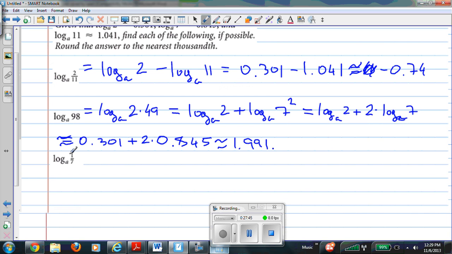Now the last one, log base a of 1/7. I don't know anything about 1/7, but I do know what log base a of 7 is. Now remember, fractions can be expressed with negative exponents.